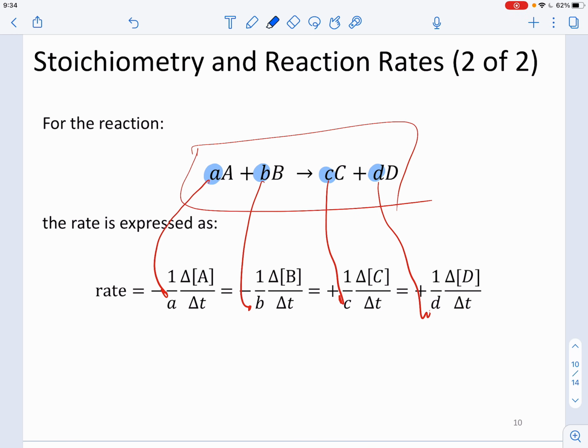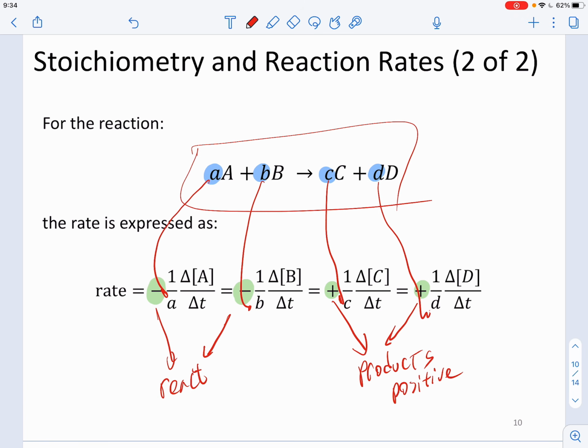Things to remember here: for any reactant, you have to add a negative sign, and here I'm just overemphasizing the product's positive sign. Products are positive, and reactants are negative. The reason for the negative sign, remember one more time, is because the reactants are disappearing.